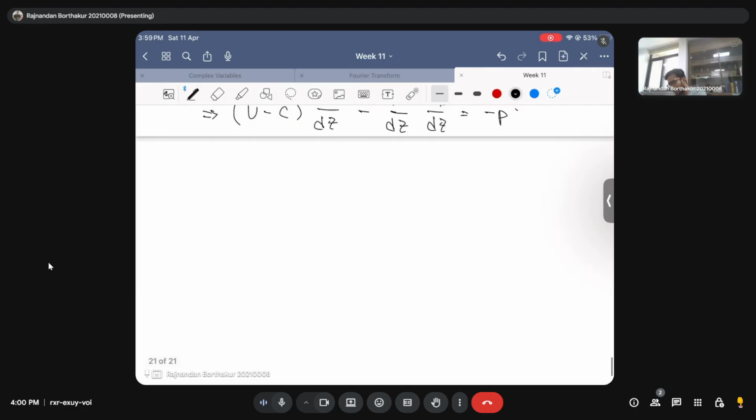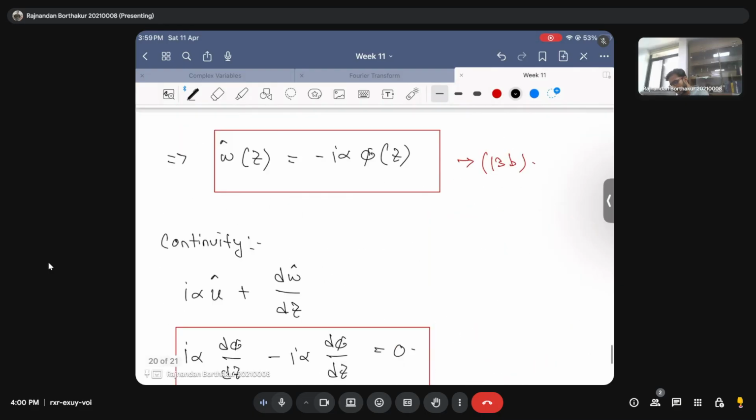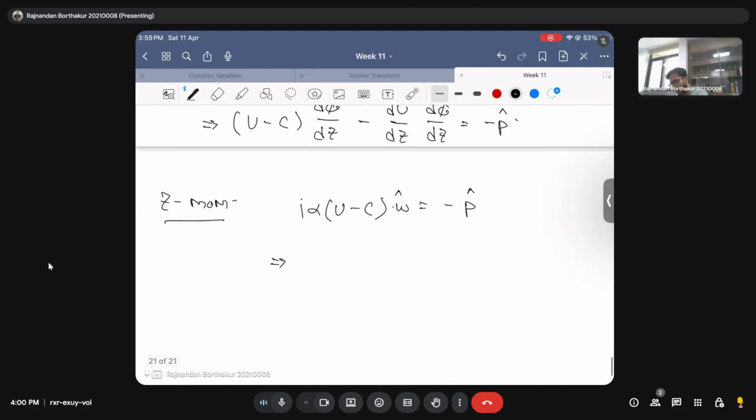Okay, and similarly if I write the z momentum equation, my z momentum equation was i alpha times (U minus c) times w hat is equal to minus p hat, and I can replace w hat as minus i alpha phi, which means these terms become minus i squared alpha squared (U minus c) times phi of z is equal to minus p hat.